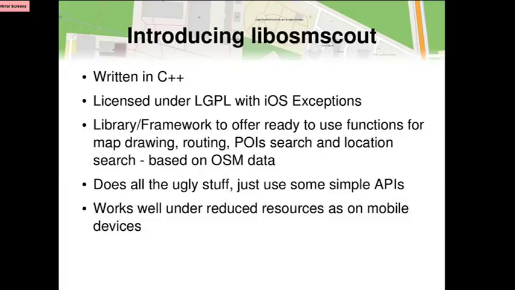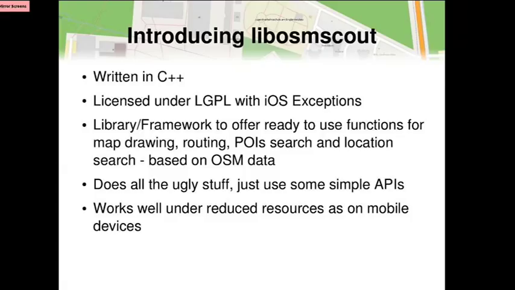It's licensed under LGPL with some exceptions for iOS to get applications based on it into the App Store. It's a library framework to offer ready-to-use functions for map drawing, rendering, routing, points of interest search, and location search, and is solely based on OpenStreetMap data.